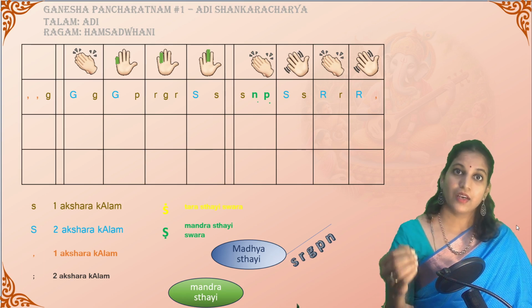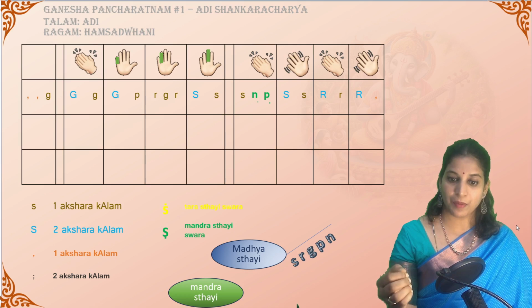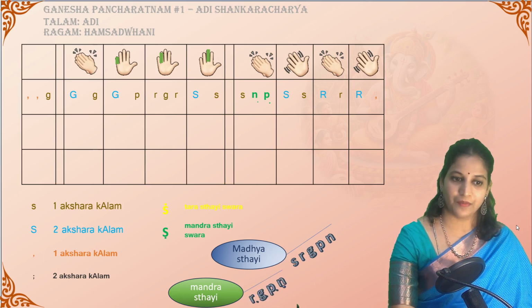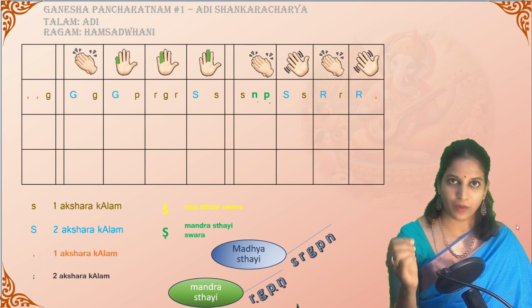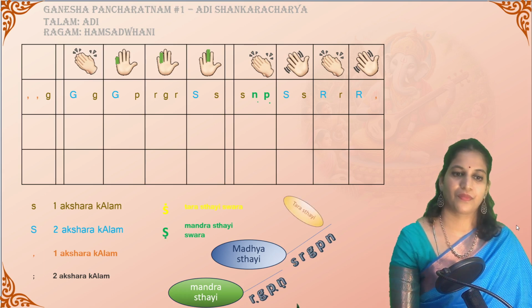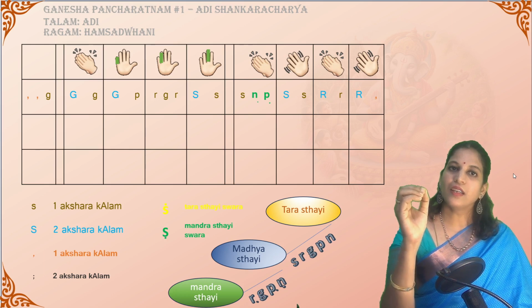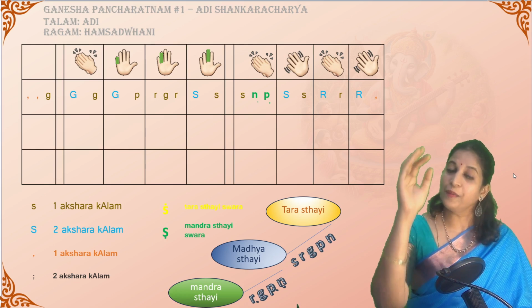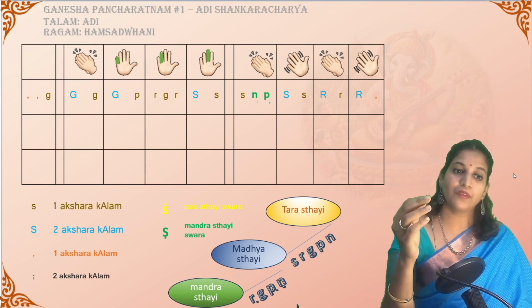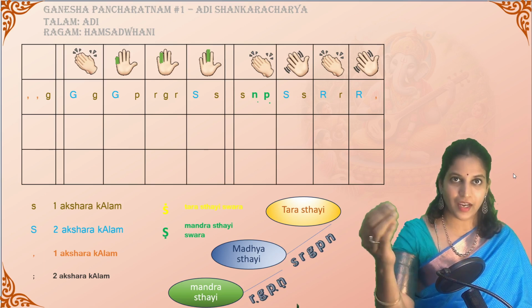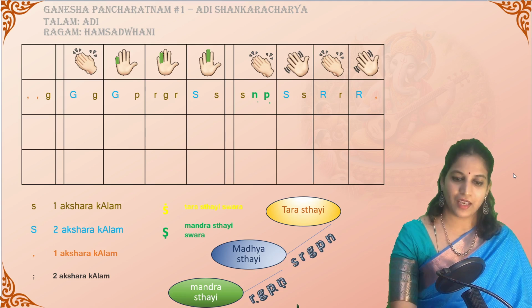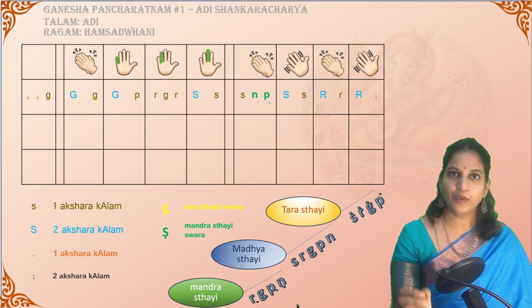The swaras which are below the madhyasthai shadjamam belong to mandrasthai, and they are denoted by a letter with a dot below. Sa, re, ga. All the letters above madhyasthai nishadam, which is tarasthai shadjamam, and the letters above belong to tarasthai, and they are denoted by a letter with a dot above.